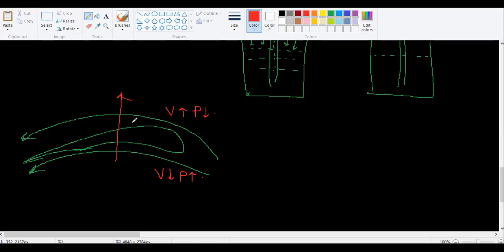So higher pressure will push the wing upwards, or what is called an airfoil. Nothing very difficult here. If you have been following all this Bernoulli's theorem, this is a very simple concept.